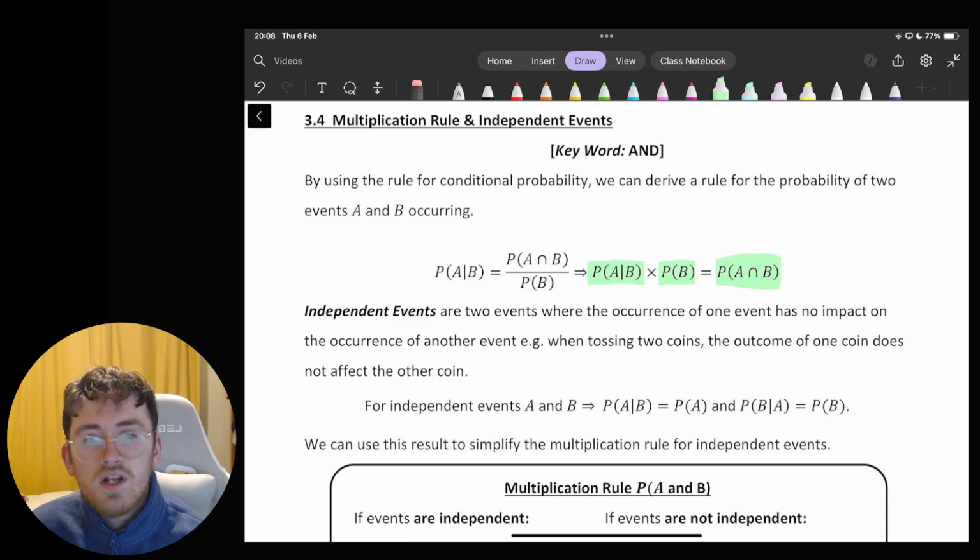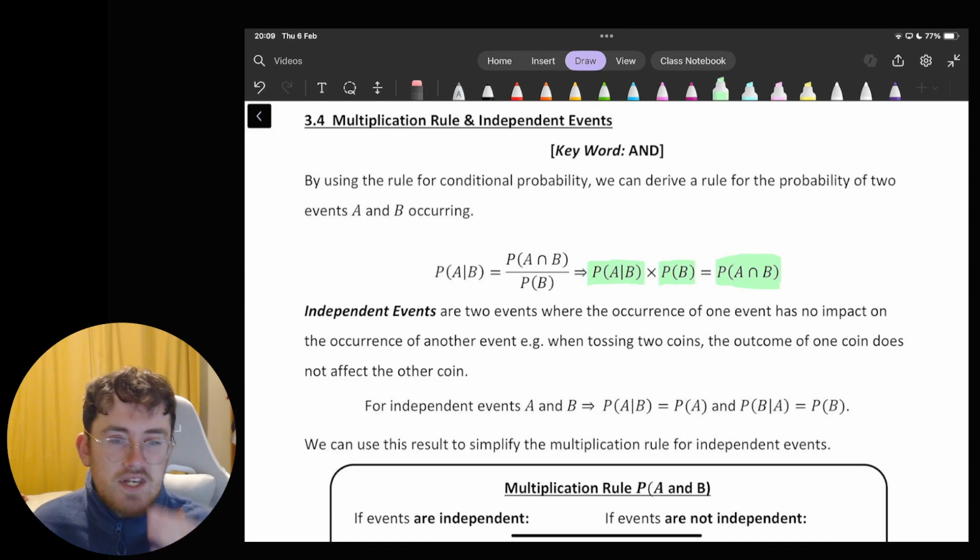An event is considered independent when the one event happening has absolutely no impact on the other event. If I'm tossing 2 coins, getting a heads on one coin has no impact whatsoever on the other coin. So they would be considered independent, standalone events.